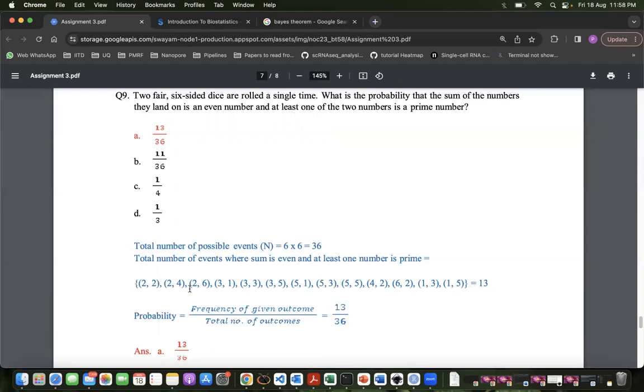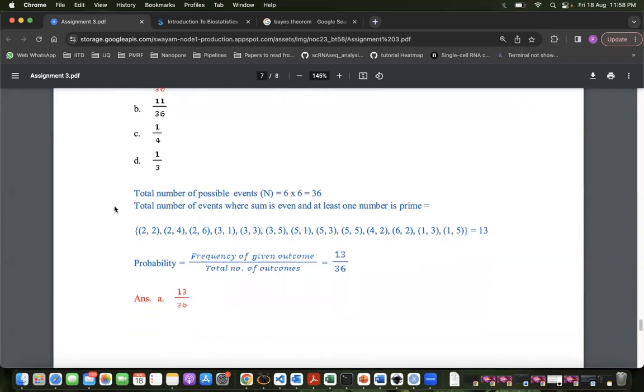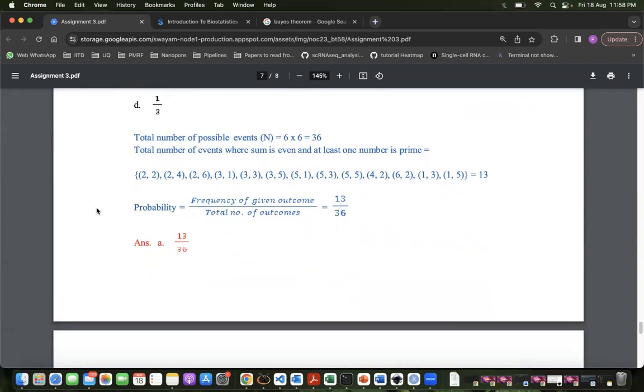So 2, 2; 2, 4; 2, 6; 3, 1; 3, 3; 3, 5; 5, all the 3 options. This option with 4 also will be there, 6 and 2, and 1 and 3. So this is 13, right? 6, 7, 8, 9, 13. Yeah, 16 is correct. So 13 by 36, right?